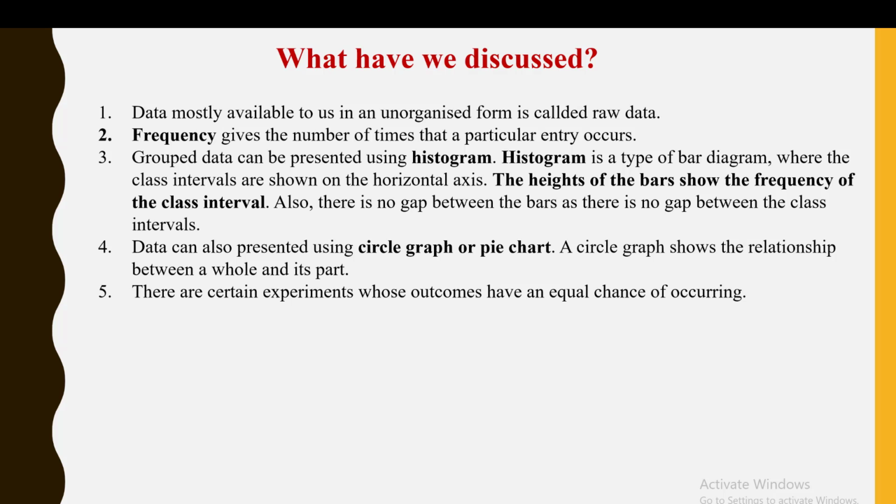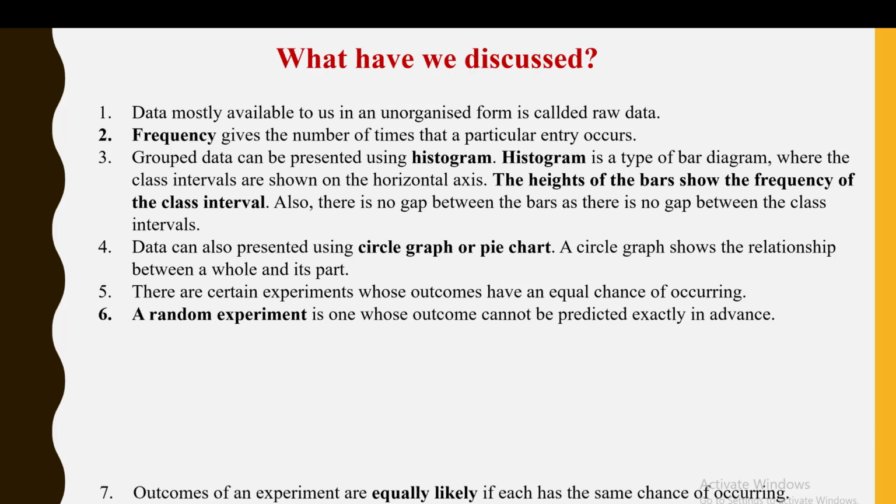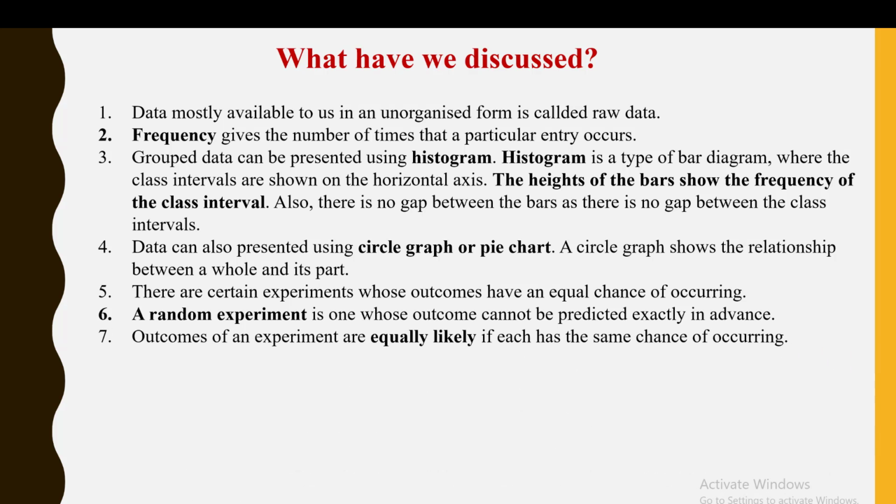5. There are certain experiments whose outcomes have an equal chance of occurring. 6. A random experiment is one whose outcome cannot be predicted exactly in advance. 7. Outcomes of an experiment are equally likely if each has the same chance of occurring. 8.